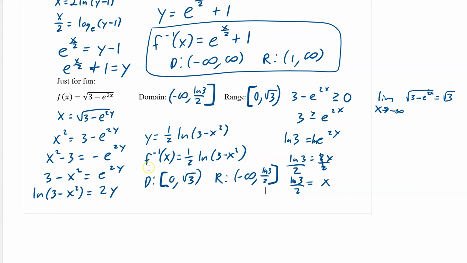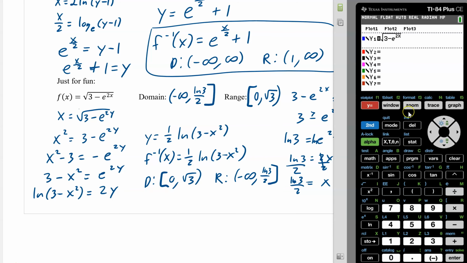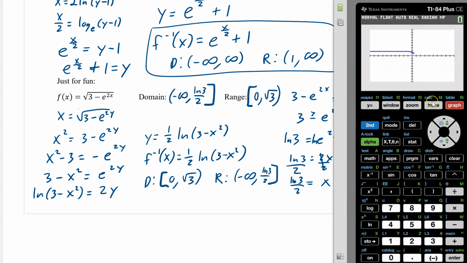And we can test this very quickly in the calculator. So if I look at the first one, which is our y equals the square root of 3 minus e to the 2x, and I graph it, we get this. So if I hit trace, and I plug in my domain ending point, which is ln of 3 over 2, you see it gives me 0. Not undefined, but actually 0.